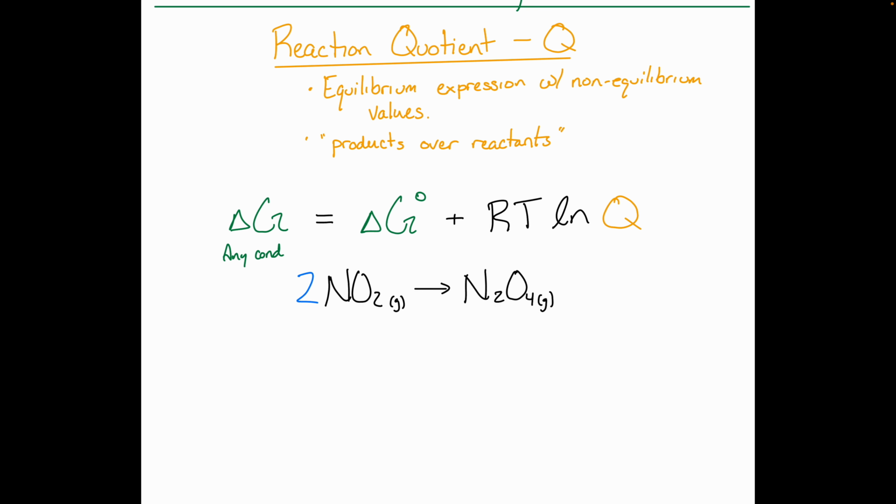Okay, we can note we calculated that delta G naught of negative 2.8 kilojoules per mole.